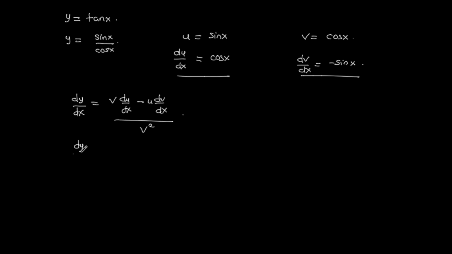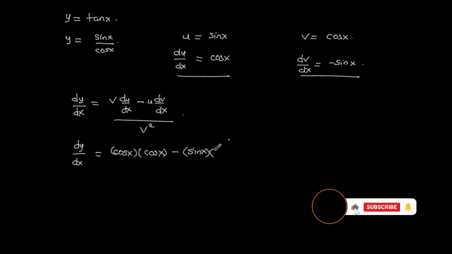So we can go ahead and make substitution into our formula, and dy by dx equals v, where v is cos x, multiplied by du by dx. So du by dx is also cos x, minus u, and our u is sine x, multiplied by dv by dx, and dv by dx is negative sine x.